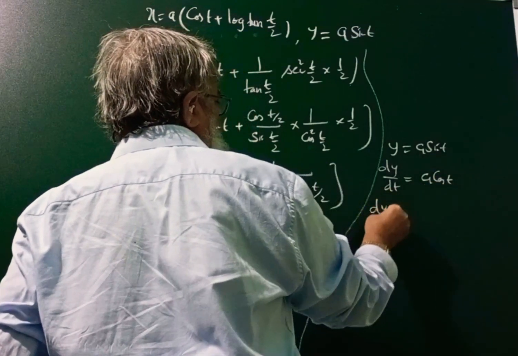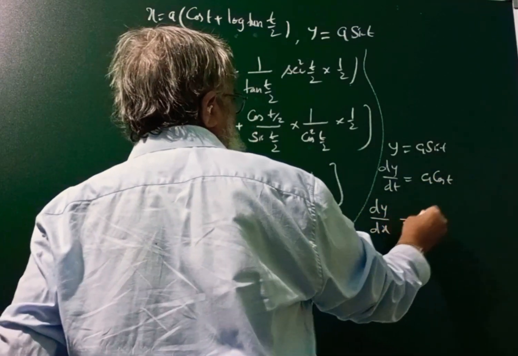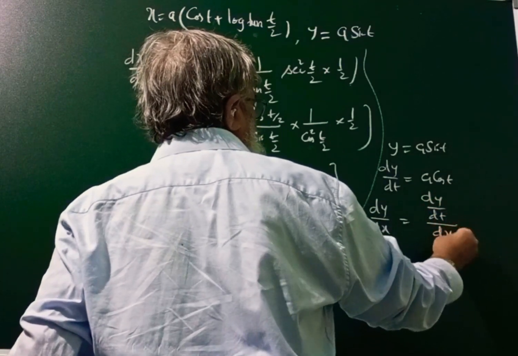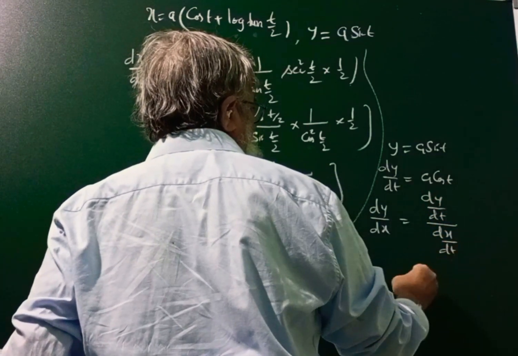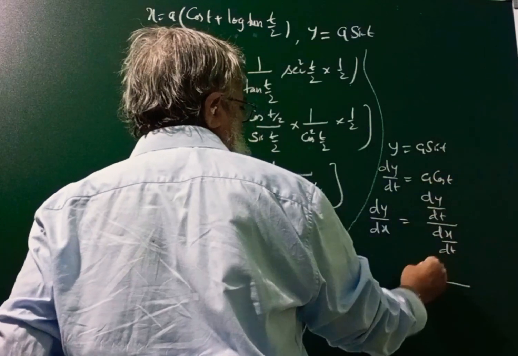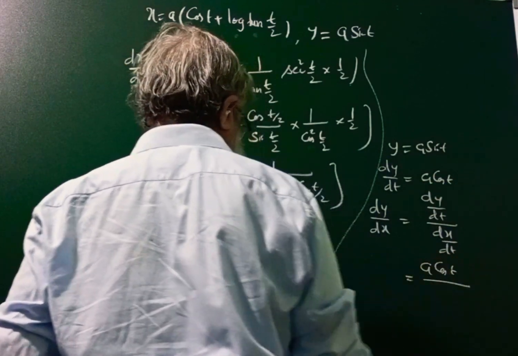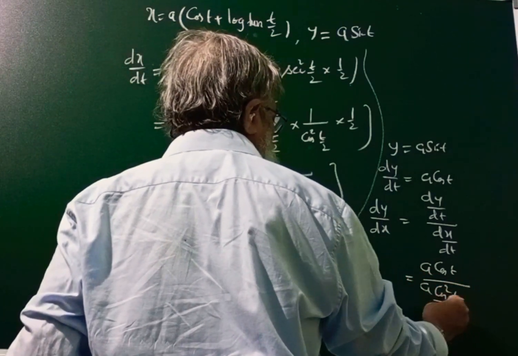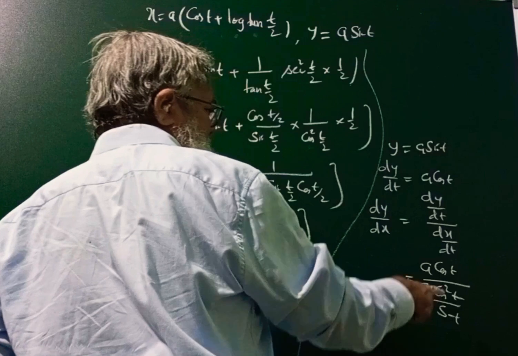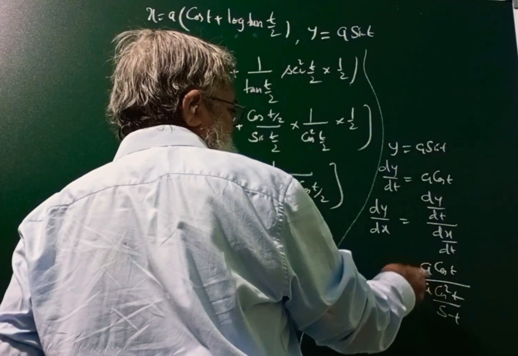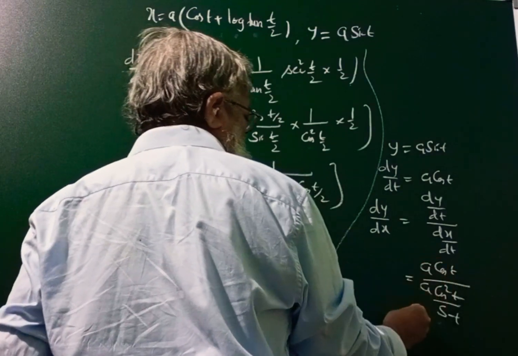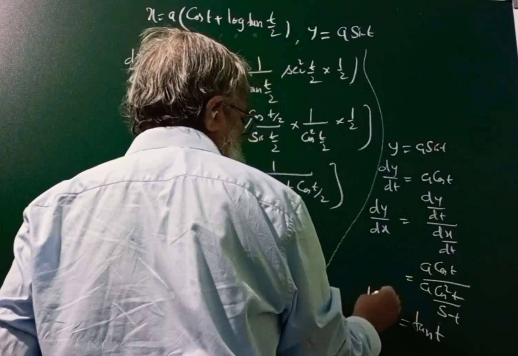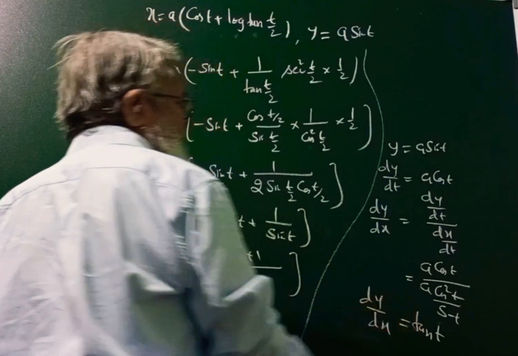Now applying the formula, dy by dx is equal to dy by dt divided by dx by dt. dy by dt is a cos t, dx by dt is a cos square t by sin t. Now one cos cancels with one cos, a cancels with a, sin comes up, sin by cos remaining, that is tan t is the value of dy by dx.